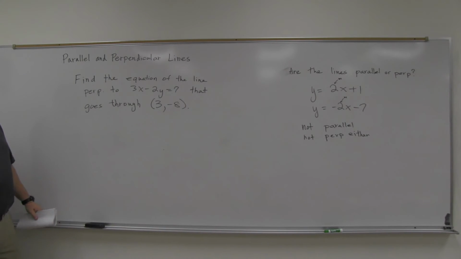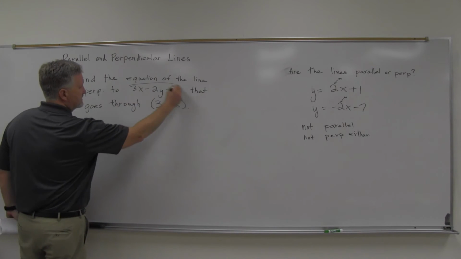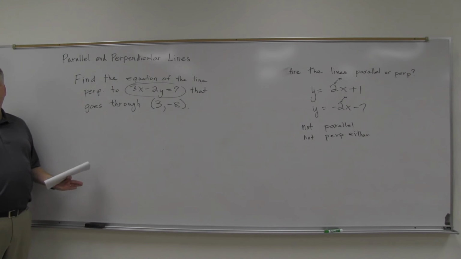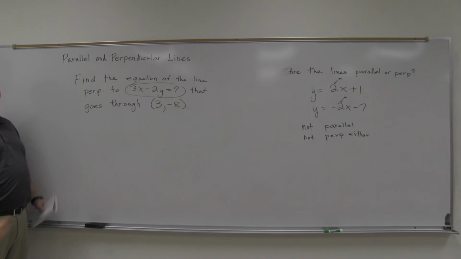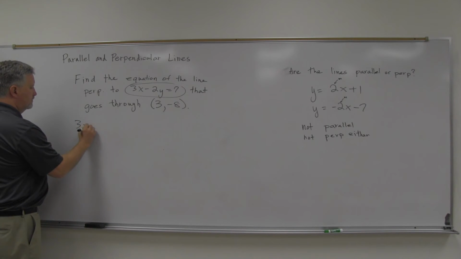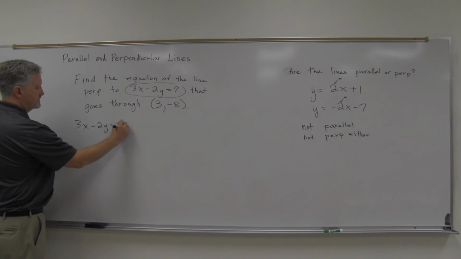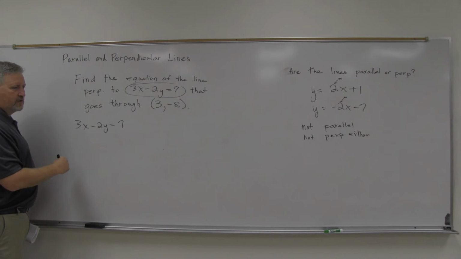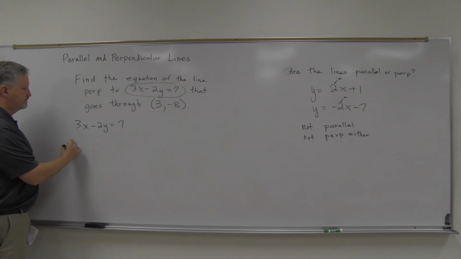Yeah, it's the same deal, right? First of all, I need to establish, well, this is my original line. What's the slope of that line? Because that'll determine the slope of the perpendicular line. And so just like before, to get the slope of this line, I can't read it right off of there. I need to do a little work. Let me go ahead and solve this for y, get it in y equals mx plus b form.